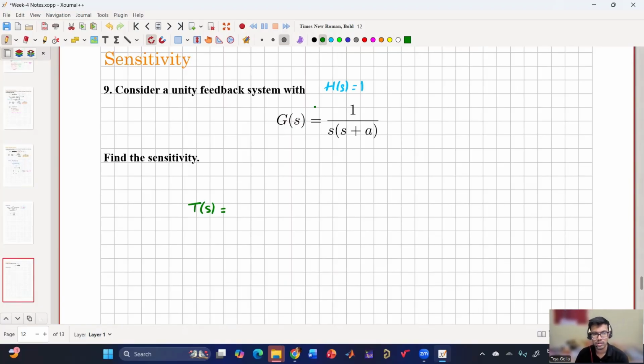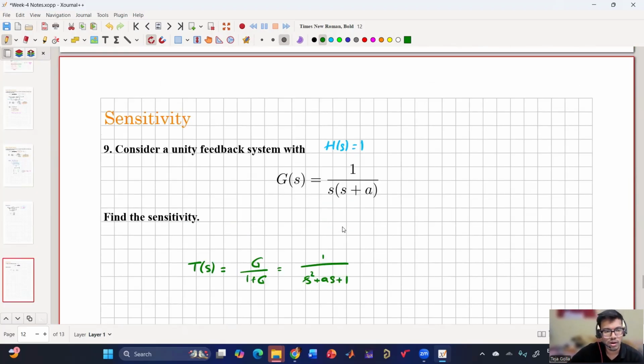T will be 1 upon S square plus AS plus 1. Yes, very good. 1 upon S square plus AS plus 1.